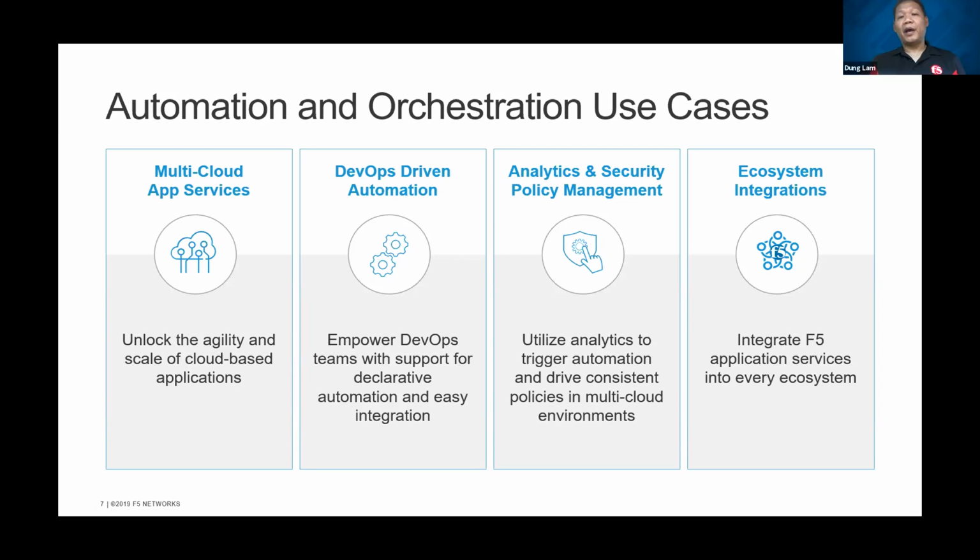How do we better utilize telemetry and analytics data on changing security events? How do we observe all these changes and then roll out new policies, either to defend our network or to better optimize the user experience?